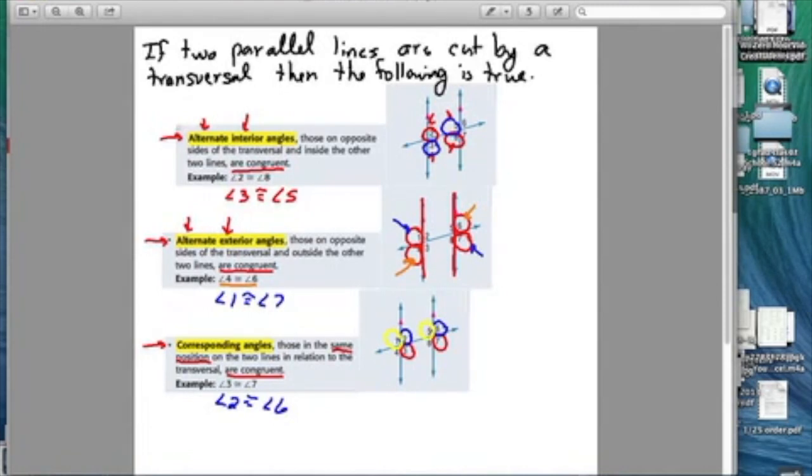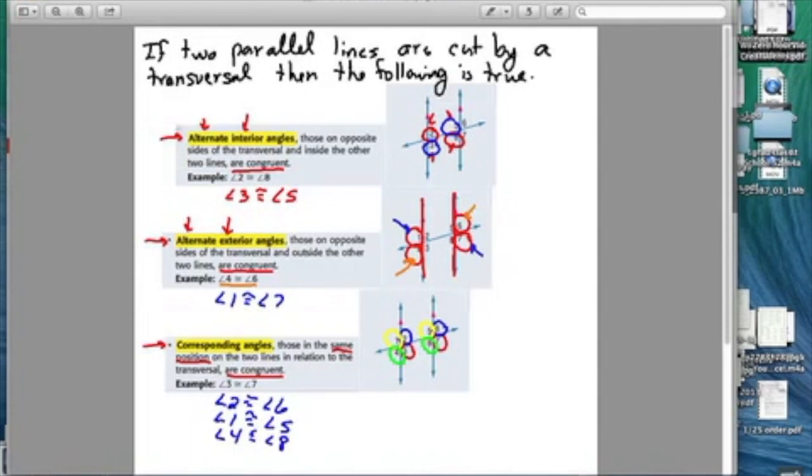So you can write on your paper over here, angle 1 is congruent to angle 5. And then one last matching, angle 4 and angle 8. So you can write on your paper over here, angle 4 is congruent to angle 8.